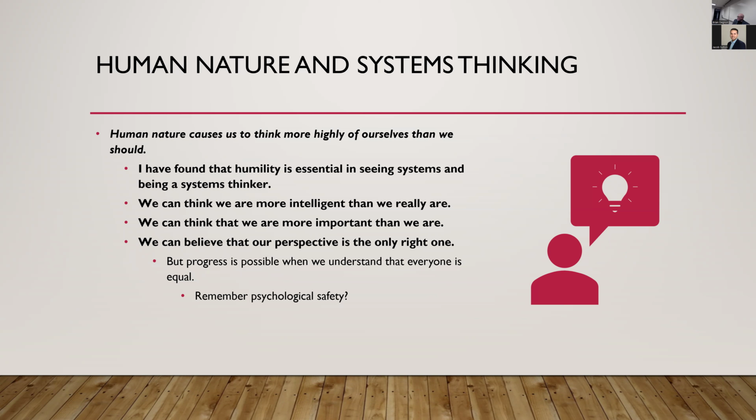And progress is possible when we understand that everyone is equal and that everyone is just as complex and nuanced as we ourselves are. So psychological safety for teams does play into this as well. As a matter of fact, whoever developed this course, pairing psychological safety for teams and systems thinking was ingenious. They worked so good together.